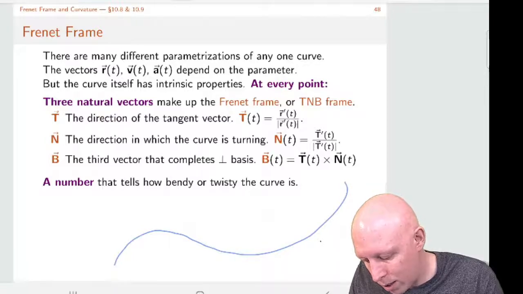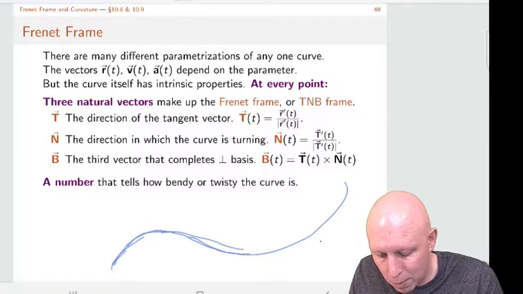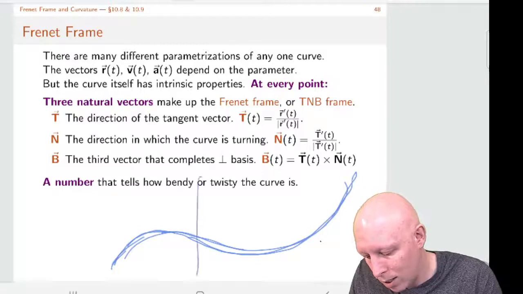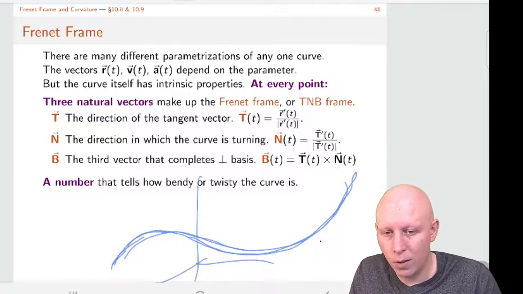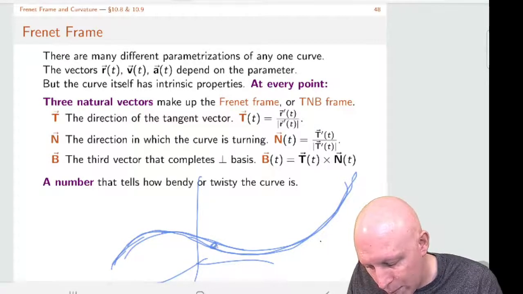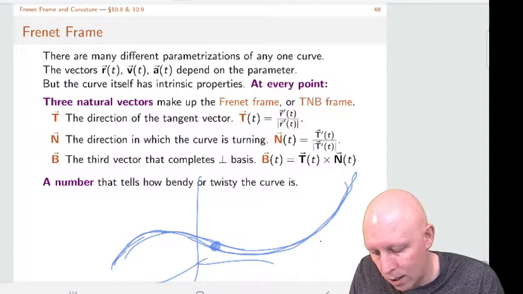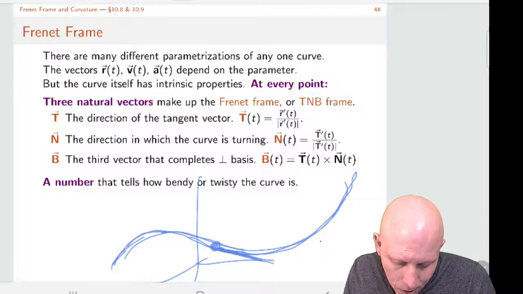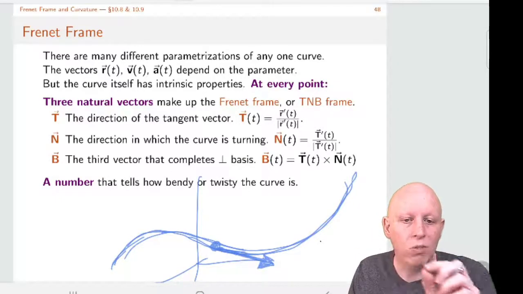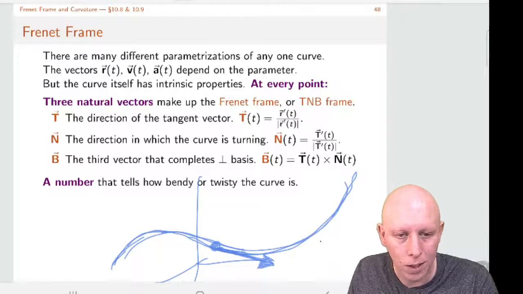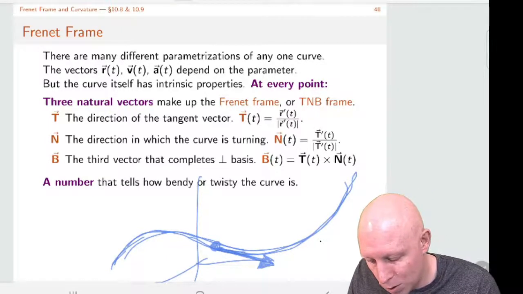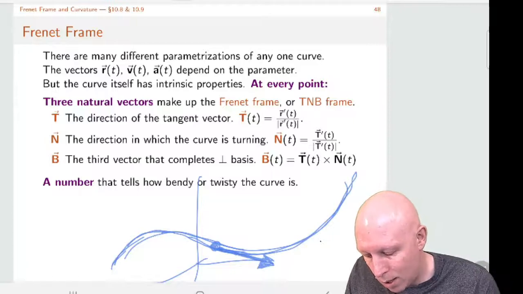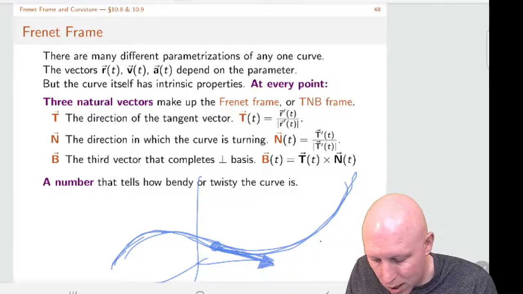We're talking about this curve, which we're going to think of as being in 3 dimensions. We're going to look at any point on this curve, and talk about the direction that the particle is moving as it goes through this point. And so we can talk about this tangent vector.